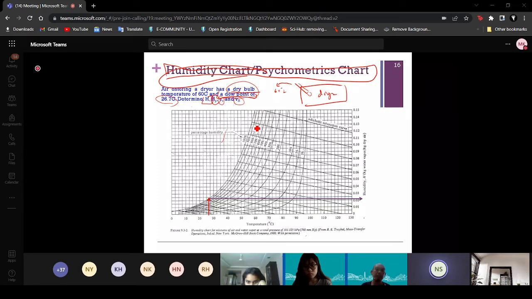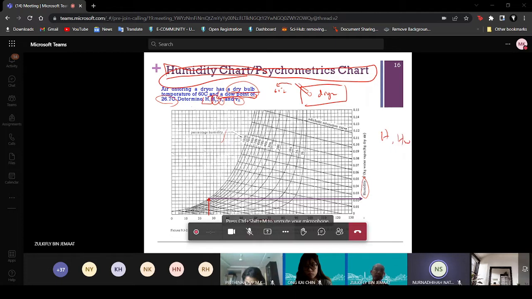Okay. So here is the humidity chart. You see that here you have temperature on the x-axis, and the y-axis is basically humidity. So this humidity can be HW, can be normal H, you have H, you have HW, and so on.